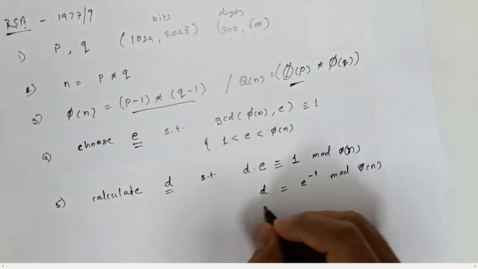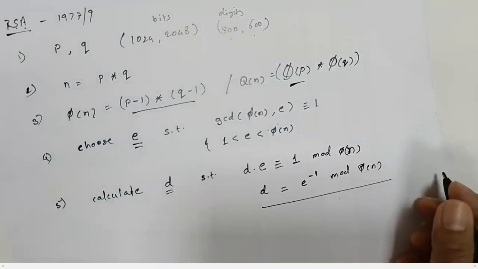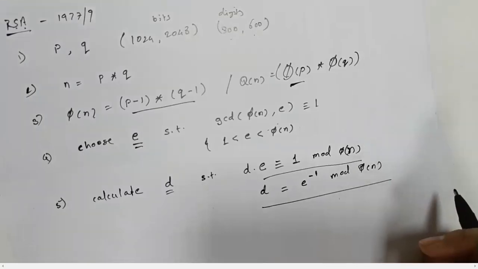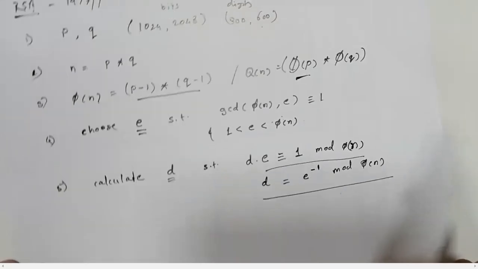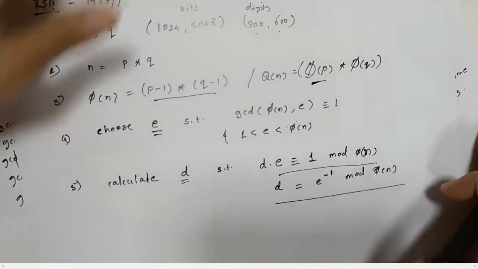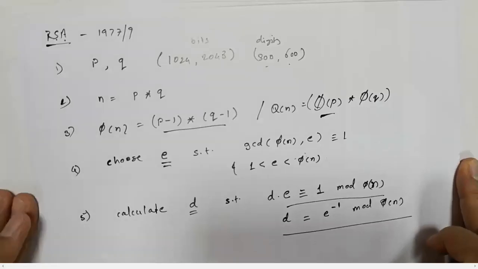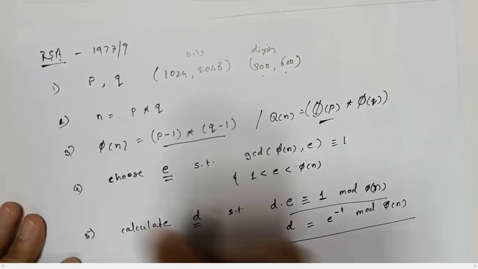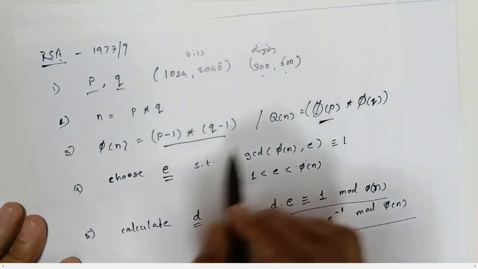This is also available in any cryptography book. So now this is the complete algorithm. We'll try to see one example while considering P and Q, and we'll calculate all these steps.